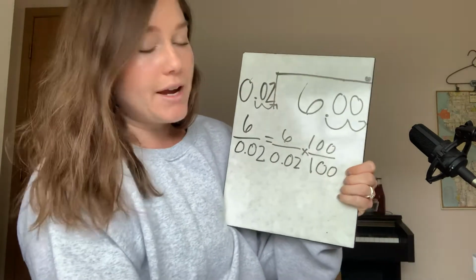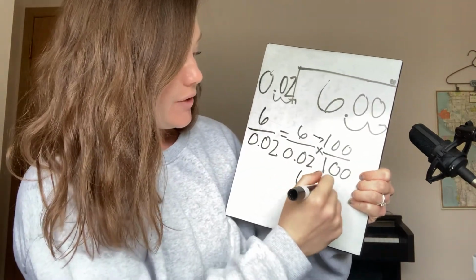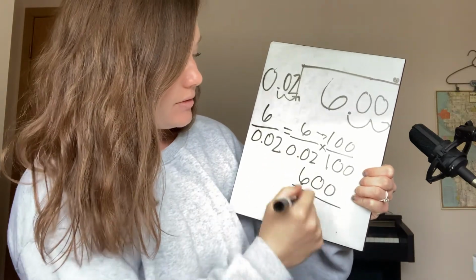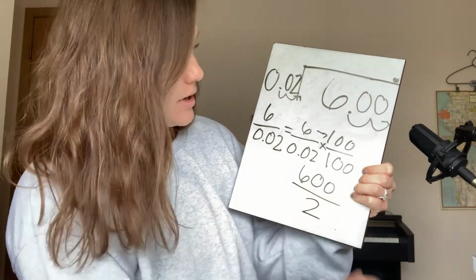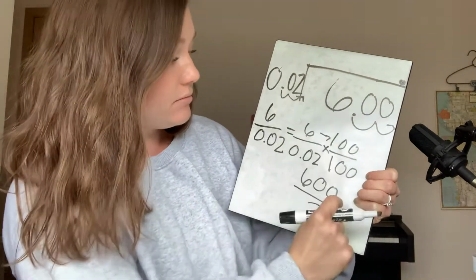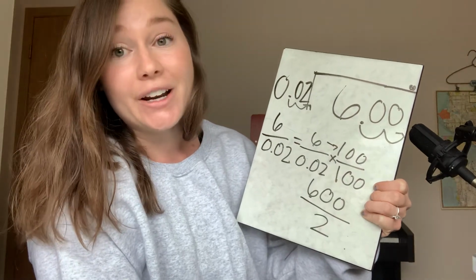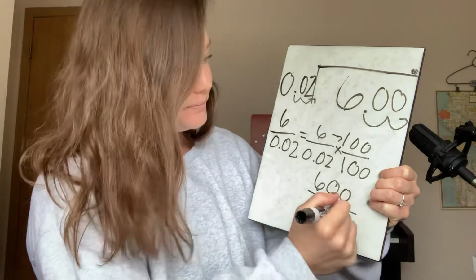And when I multiply across, 6 turns into 600 and 2 turns into 2. So these two problems are exactly the same, 600 divided by 2, 600 over 2. And we know that 600 divided by 2 will give us 300.